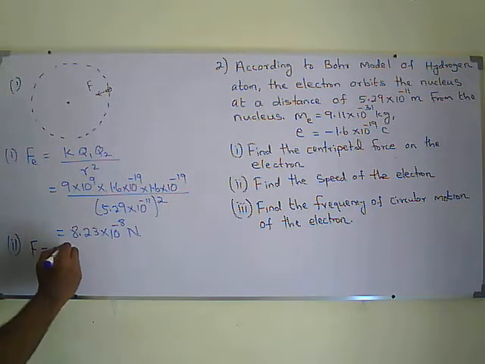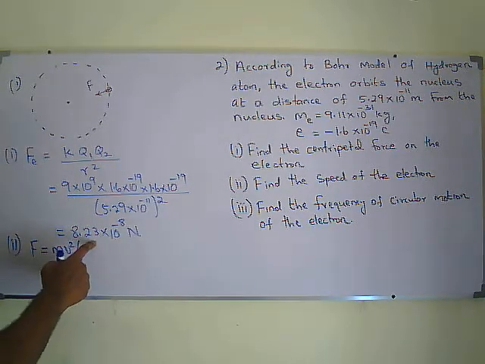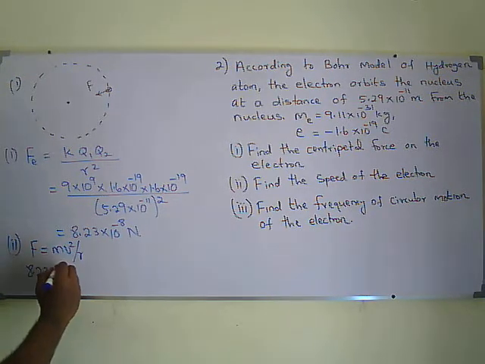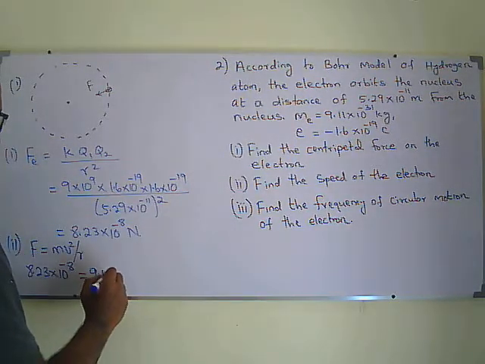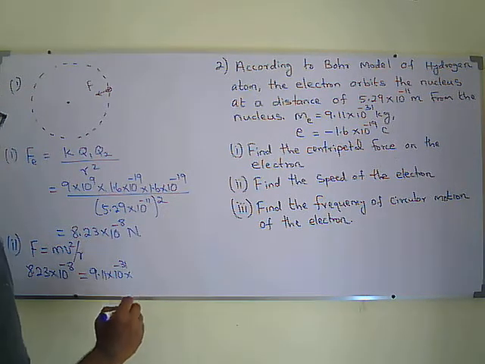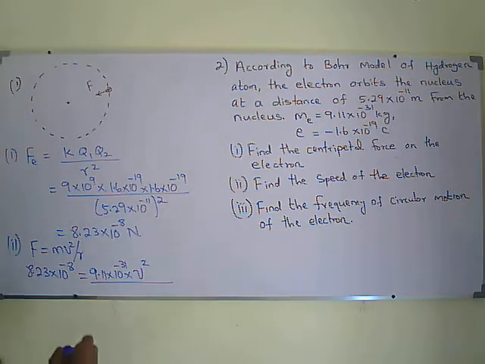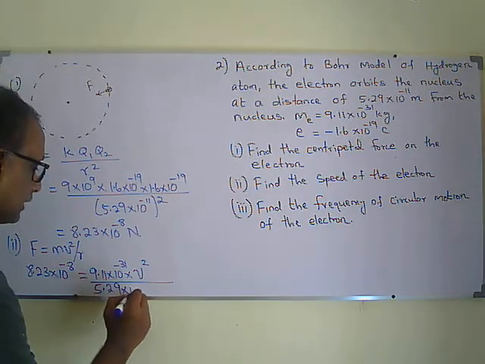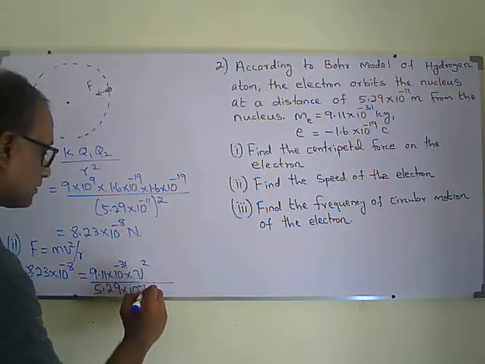F equals mv squared over r. F is the centripetal force that we know, 8.23 × 10^-8. The mass is given, 9.11 × 10^-31, times v squared, which is the unknown. r we know, the radius, that is the distance from the nucleus, 5.29 × 10^-11.